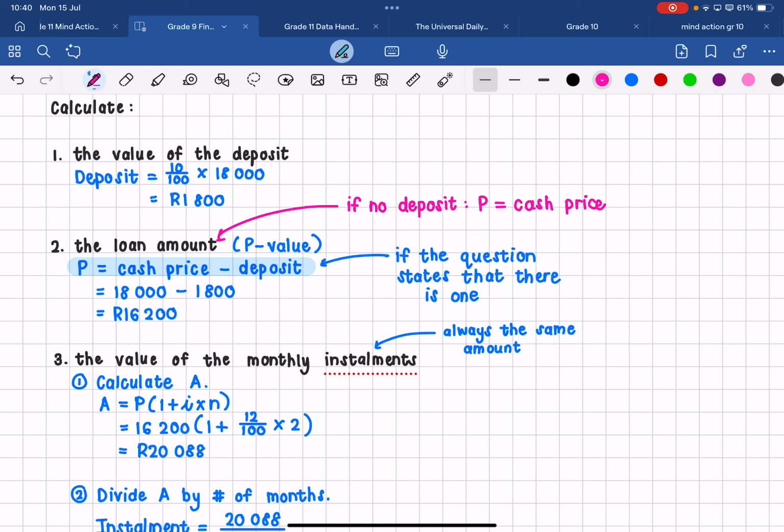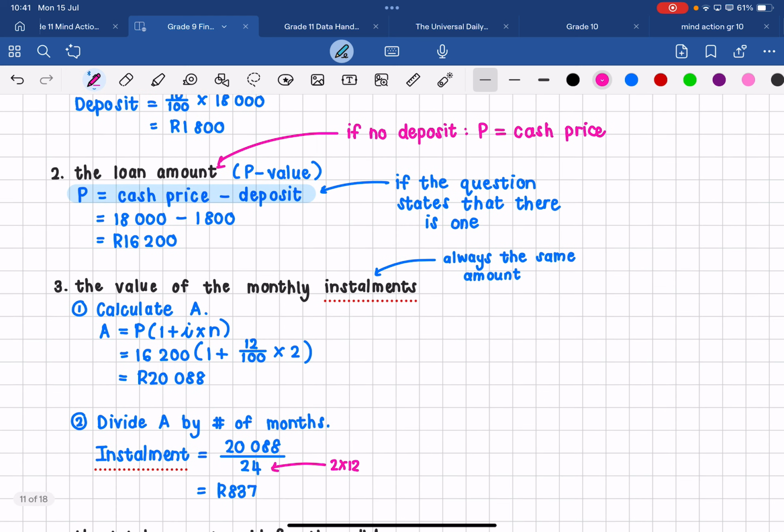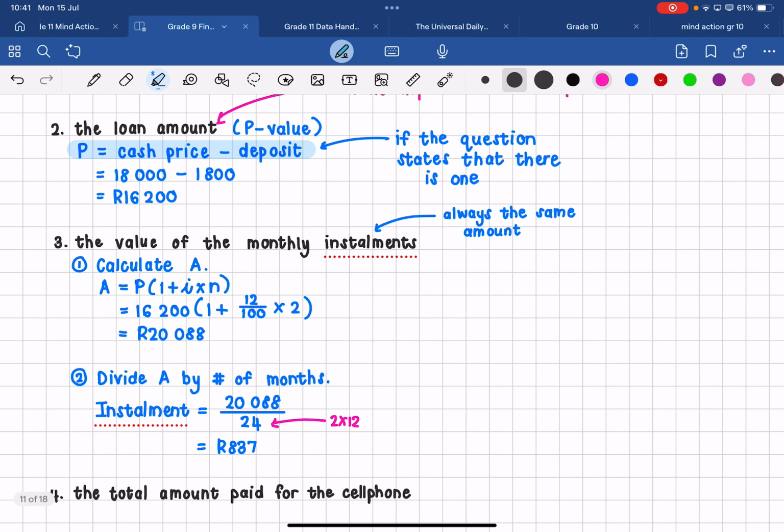Okay, so after we calculated the loan amount, so the amount that we now owe the shop, they asked us to find the value of the monthly installments, and there were 2 steps to this calculation. You need to memorize these steps, guys.